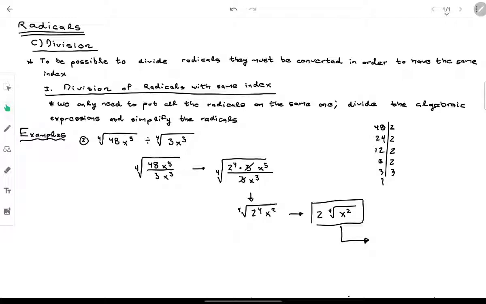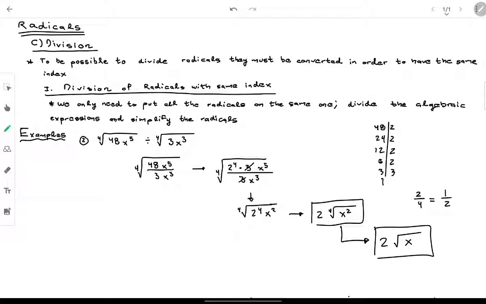When we have a power and an index that are both divisible by the same number, we can simplify. Why? Remember, the idea is we divide the power by the index. So 2/4 is the same as 1/2. So we can put this as 2 that multiplies the square root of x.